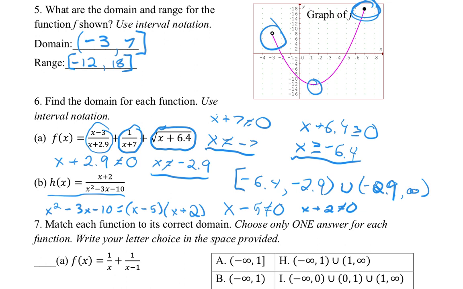So x can't equal negative 2 or 5. So let me write this domain in interval notation now. The domain equals negative infinity to negative 2 union negative 2 to 5 union 5 to infinity.